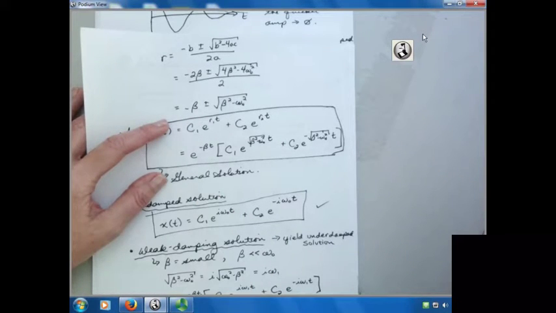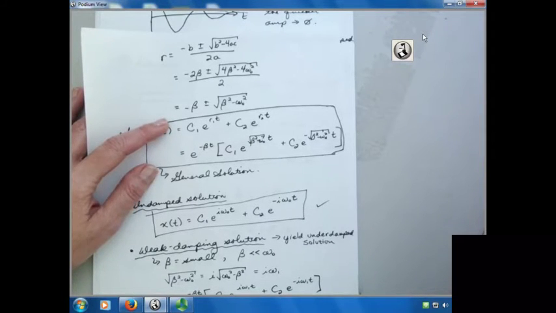But that's kind of odd because I know I have to meet two boundary conditions. I have to meet initial location, and I have to meet initial velocity. That's a weird mathematical thing where I've lost a degree of freedom, but my motion still has 2 degrees of freedom. So that's already a hint that that's going to mathematically be wrong, but that's okay.